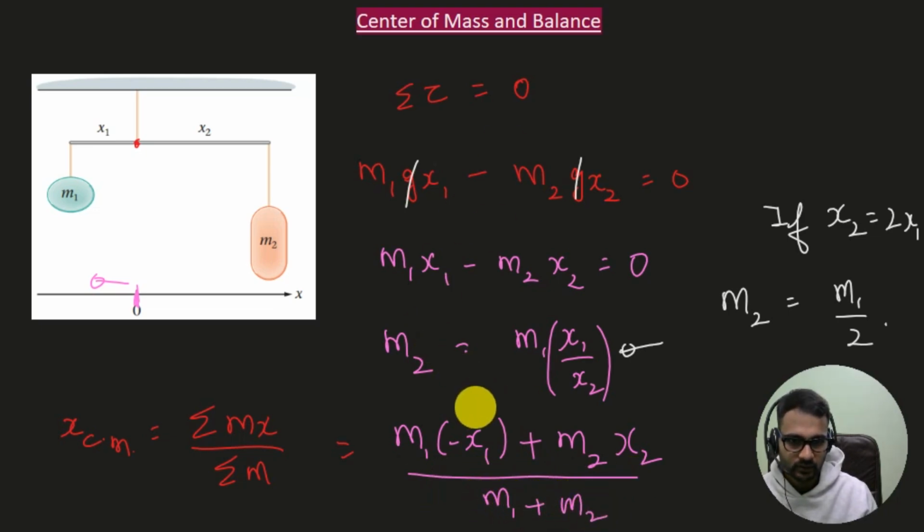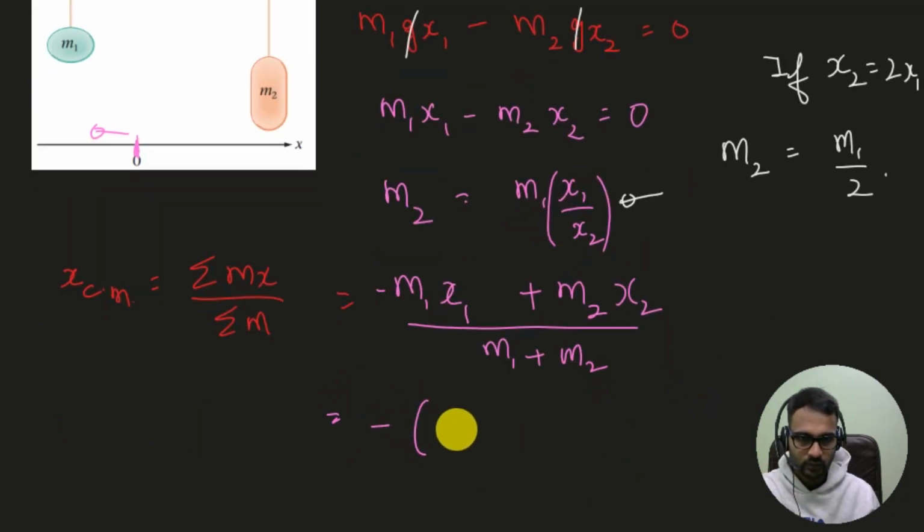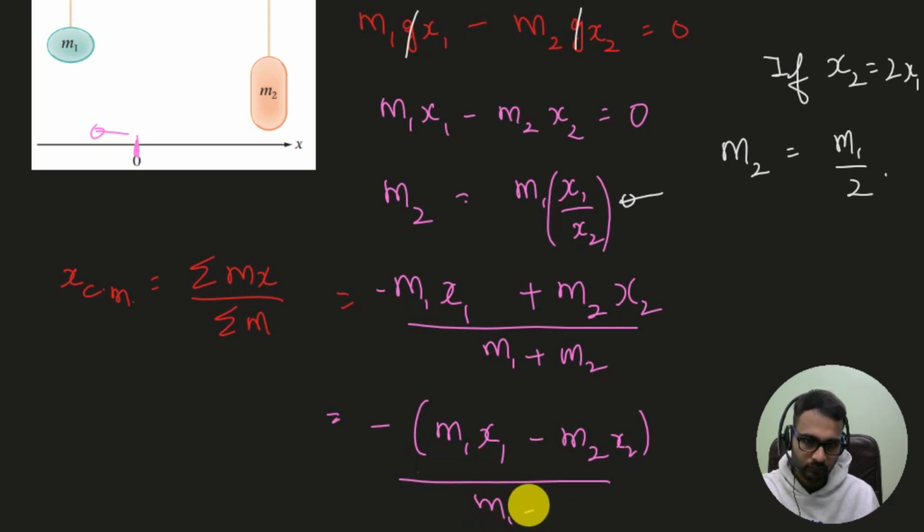So here I can basically write minus m1 x1, like this. Now if I take a minus sign common from here, this would become m1 x1 minus m2 x2 divided by m1 plus m2. This is xcm, center of mass for the system.